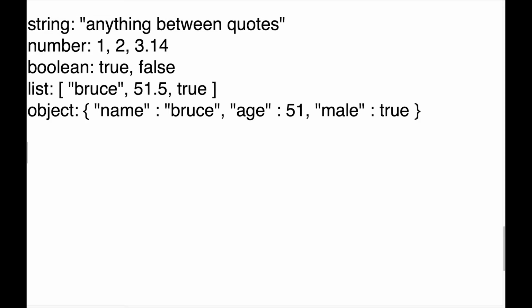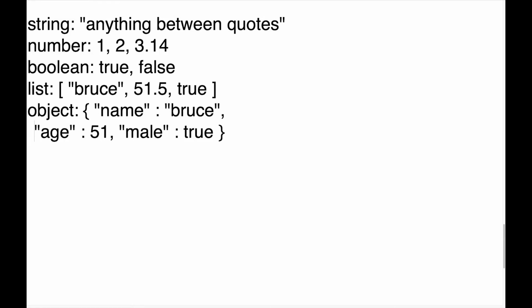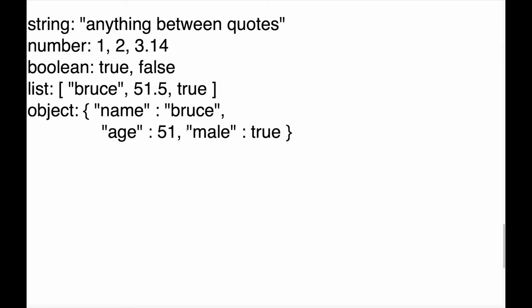So it's like a bag where you can put anything you want inside of it. And usually the keys are strings, and usually the values can be any kind of object you want. In this case, we have a name key, we have an age key, and we have a male key. And then the end of the object is with the braces again.